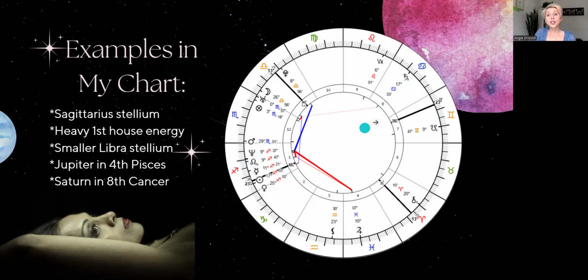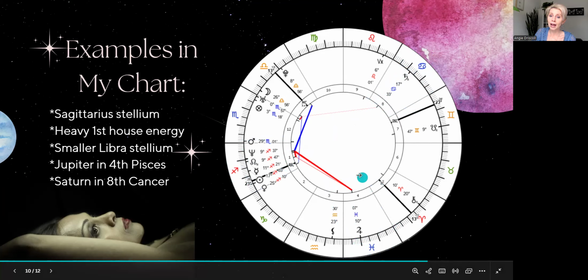There are also hard lessons to be learned in the Cancer energy of home and family, and with all of the death and rebirth and transformations. Okay? All of these Sagittarius placements have to answer to Jupiter in the fourth house of home and family. So are you understanding now a little bit?